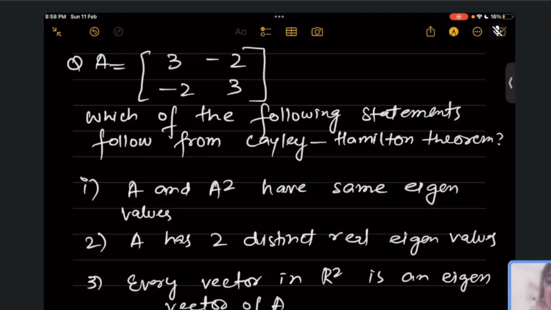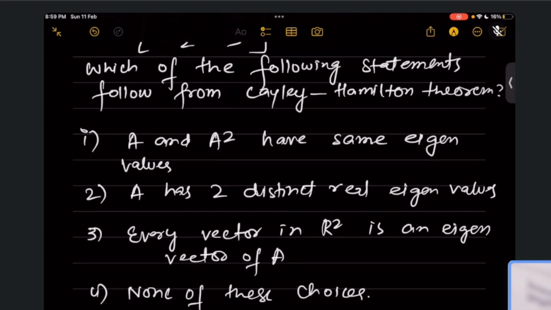So look at the question. There is a matrix given, and certain statements that we may or may not infer from the Cayley-Hamilton theorem. So according to you, what are the correct statements?